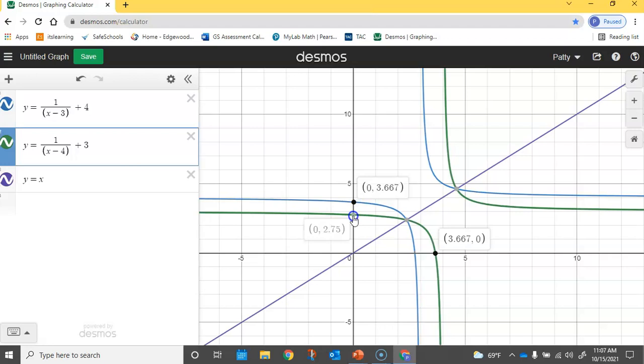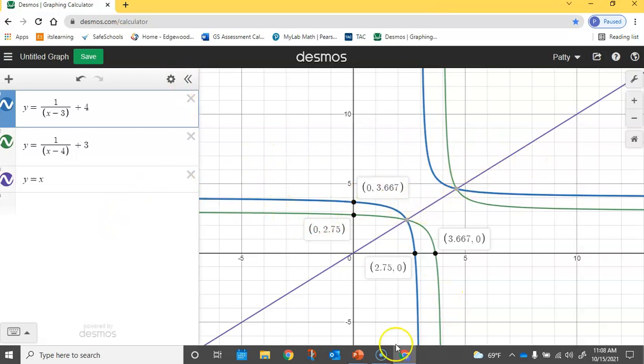Here we have 0.275, so on this one we have 2.75. So you can see some key points, 10 and 3.167. So you can get some nice points to compare, and you can see that these are inverses.